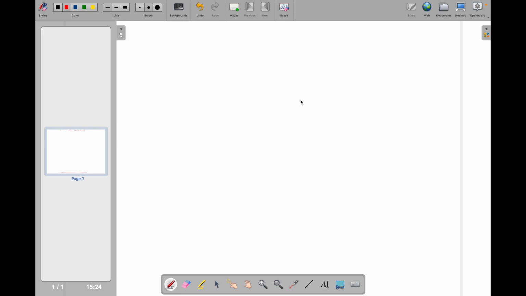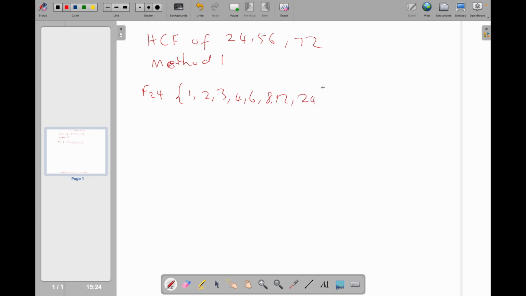So our example here is saying let's find the highest common factor of 24, 56 and 72. So we start with method 1. So method 1, we say highest common factor. Factors of 24, we have 1, 2, 3, 4, 6, 8, 12 and 24.